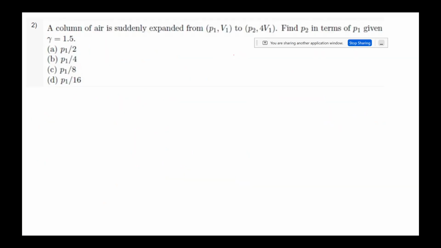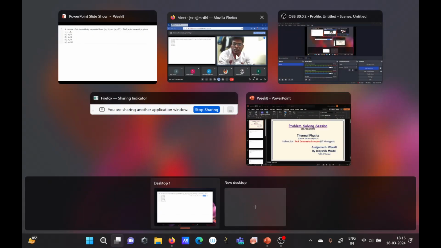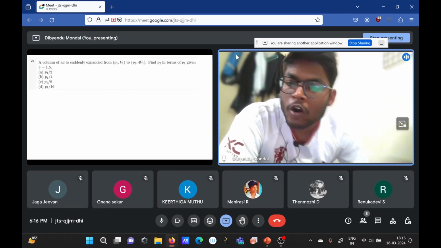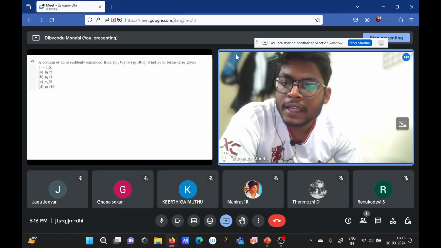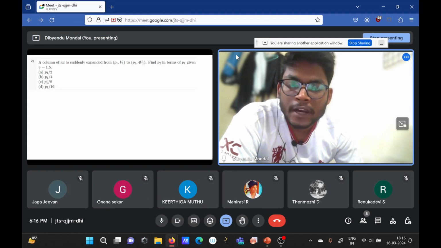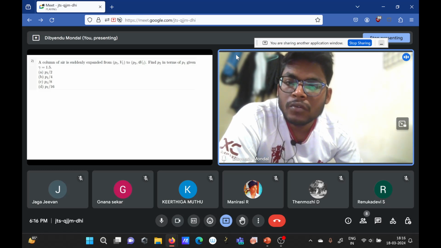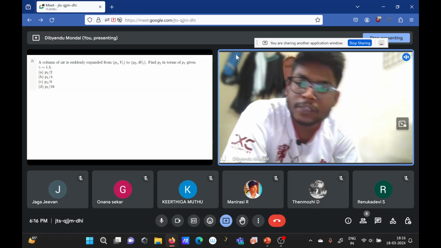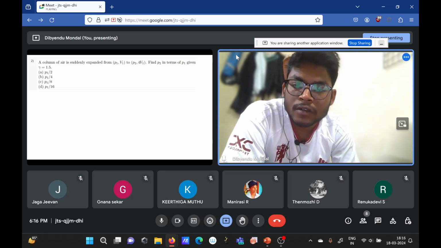Okay, now here, a column of air is suddenly expanded from an initial pressure and volume, P1 and V1, to a final pressure and volume, P2 and 4 V1.